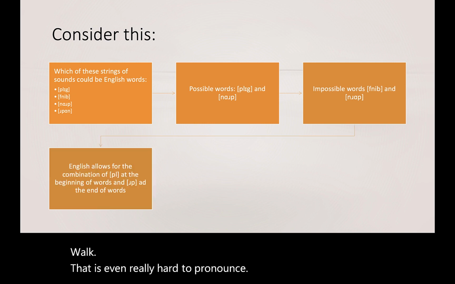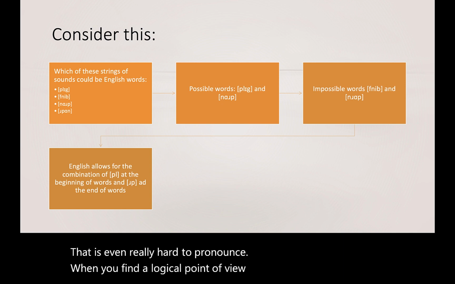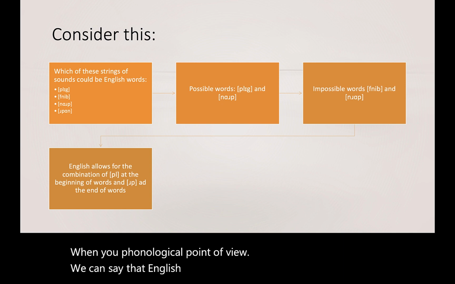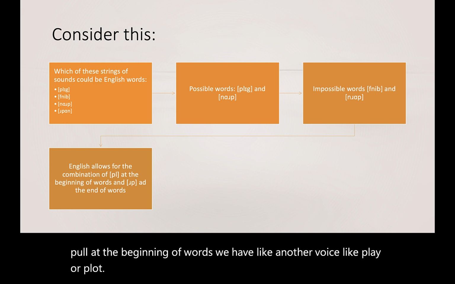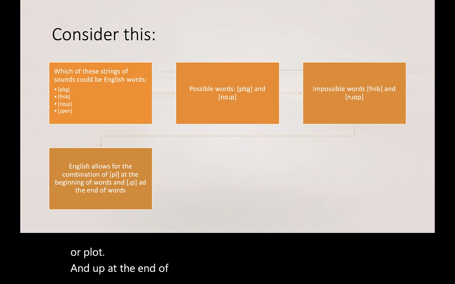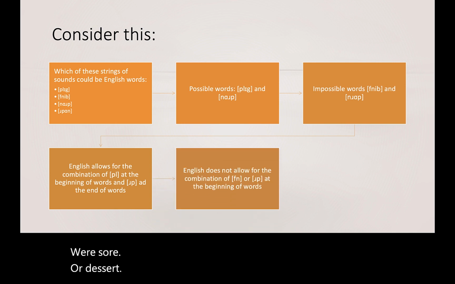From the phonological point of view, we can say that English allows for the combination of sounds like pl at the beginning of words. We have it in other words like play or plot, and erp at the end of words like carp or thorpe or usurp. But English does not allow for words to begin with fn or erp or nra.